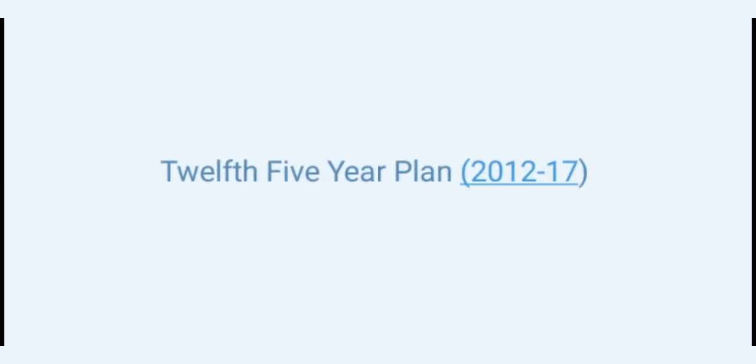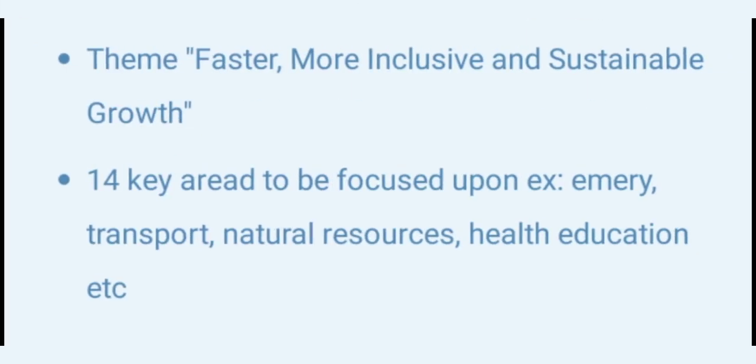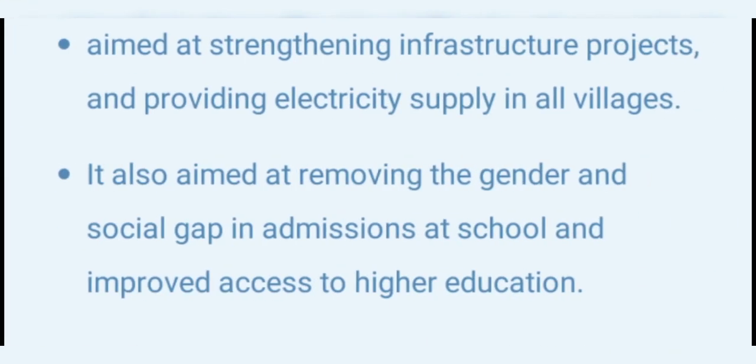12th Five-Year Plan 2012 to 2017. Theme: faster, more inclusive and sustainable growth. 14 key areas to be focused upon, for example: transport, natural resources, health, education, etc. It aimed at strengthening infrastructural projects and providing electricity supply in all villages.